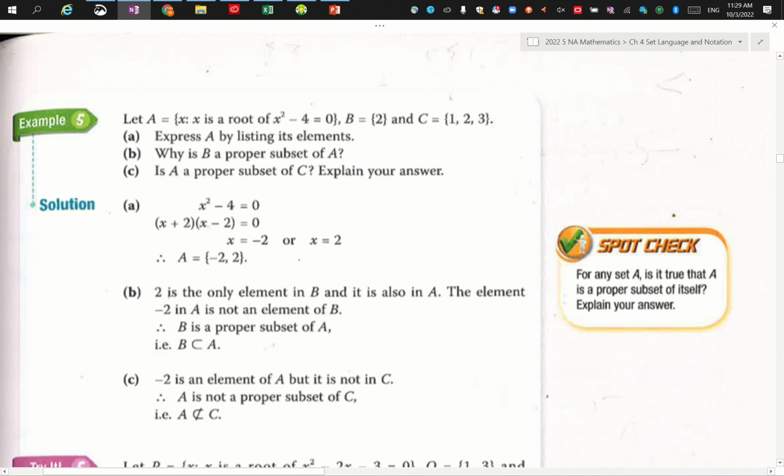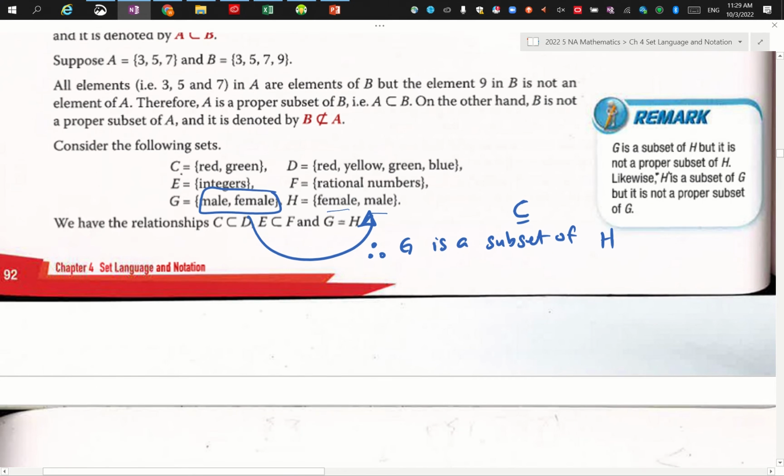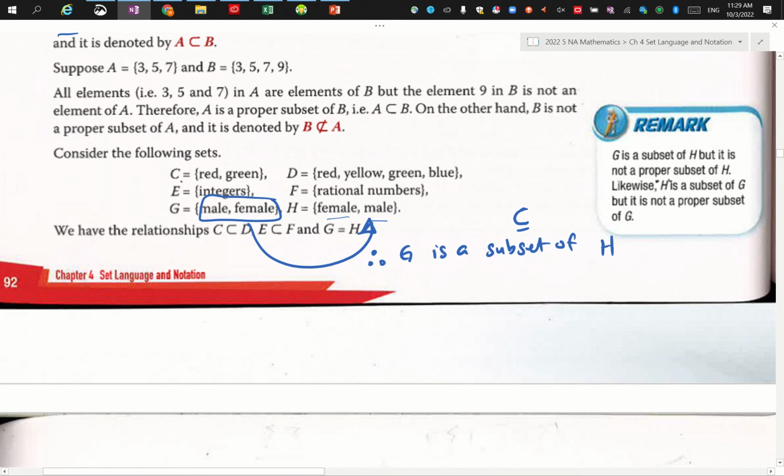So let's look at example number 5. So why is it not proper? Because they are the same, they are equal. See, G and H are equal to each other. If they are equal, they are not proper. Okay, you can write this down.